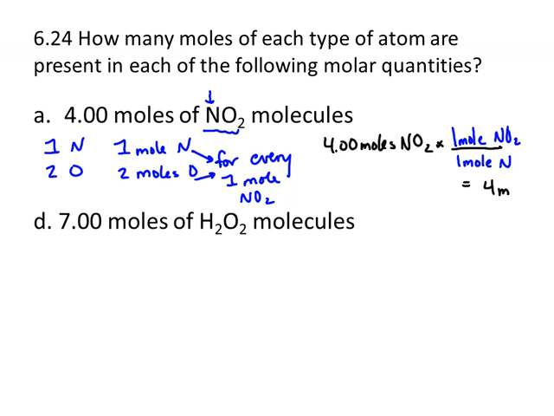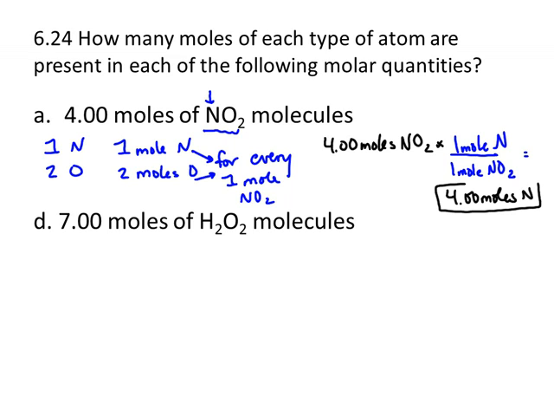Whoops, oh my goodness, I'm going to have to erase. I totally did that backwards. What was I thinking? Okay, here we go. 4 moles of NO2, 1 mole of NO2 on the bottom, and where are we going to? Nitrogen. 1 mole of nitrogen on the top. There we go. So that gives me 4 moles of N in this sample.